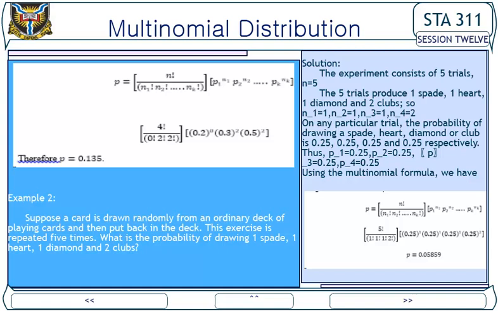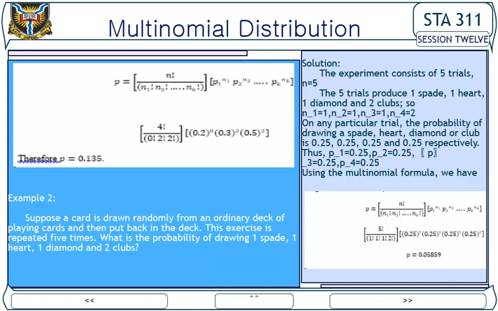So n1 is equal to 1, n2 is equal to 1, n3 is equal to 1, n4 is equal to 2. On any particular trial, the probability of drawing a spade, heart, diamond, or club is 0.25, 0.25, 0.25, and 0.25 respectively.